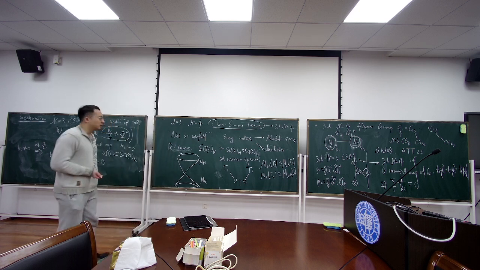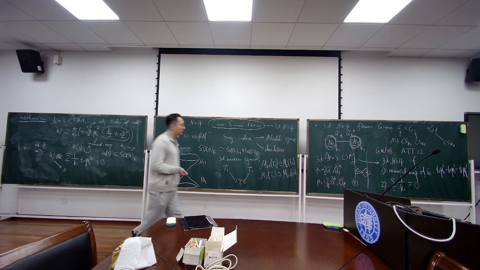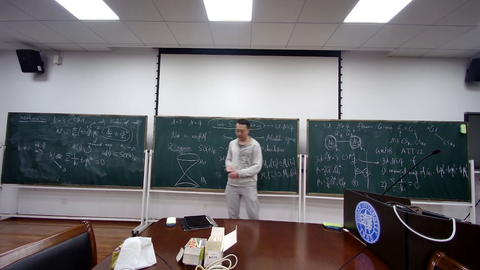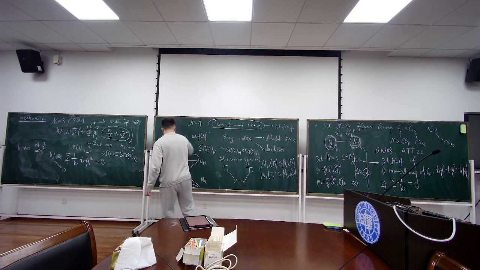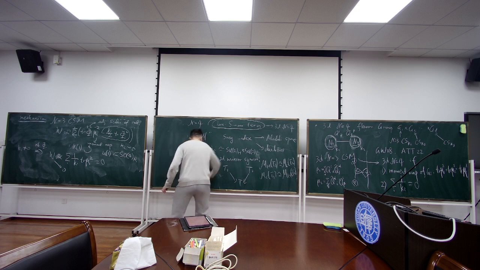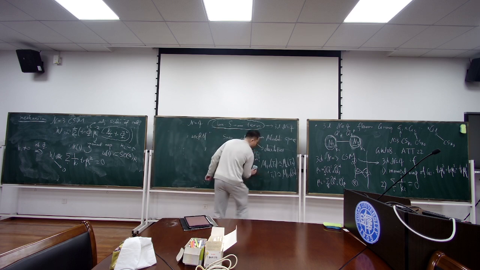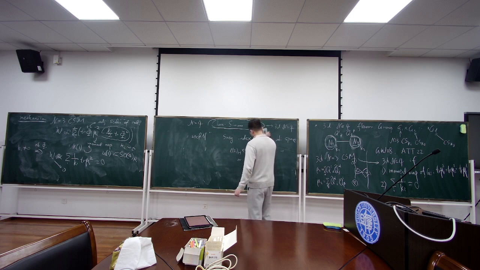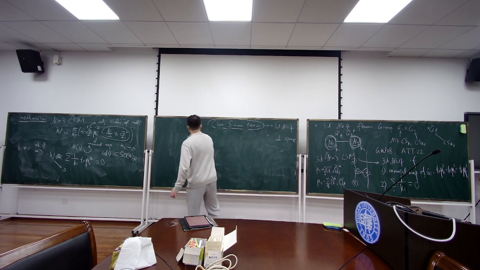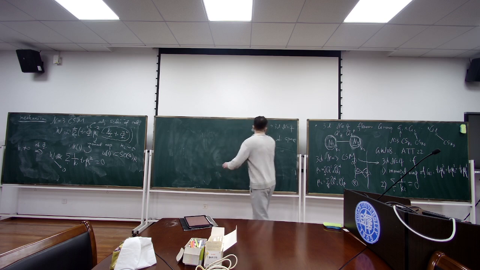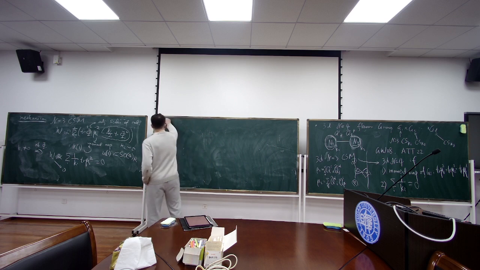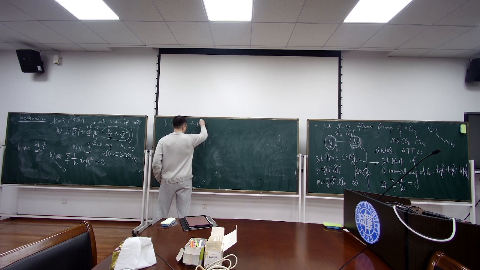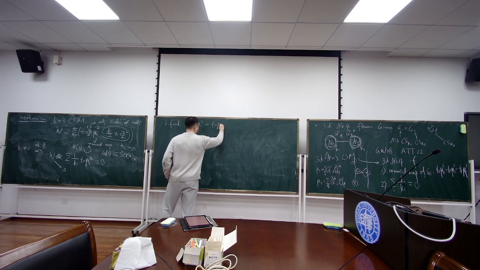Okay, so for bifundamentals, let's see. We already have trace mu1 squared equal to trace mu2 squared.